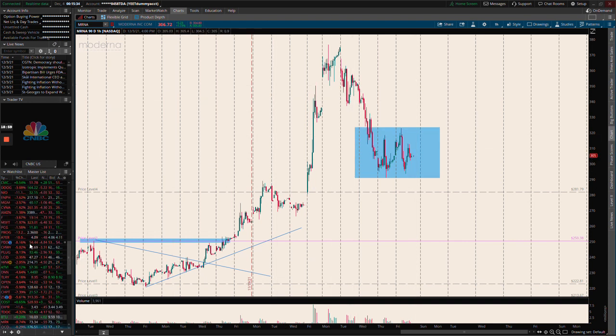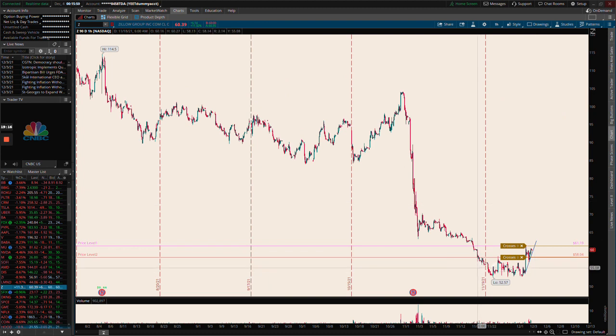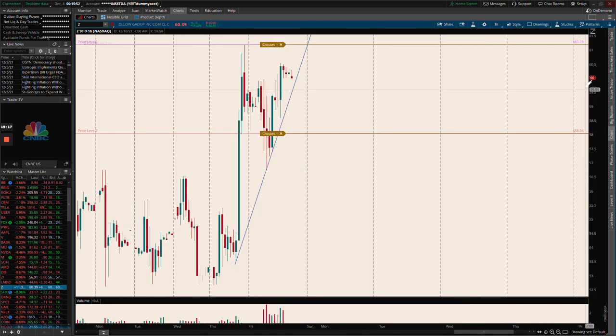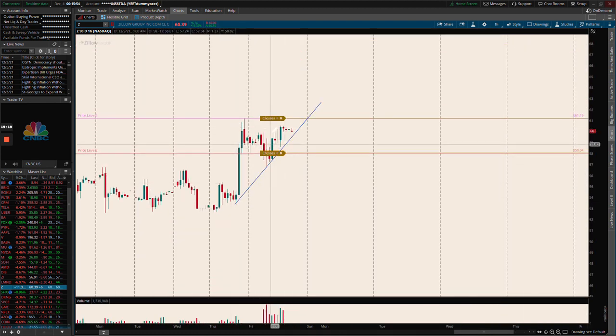Or I might say, let's find something that's ready really quick. I might say, of course, now I can't find one. Of course, I'm talking all that shit. I might say, okay, let's look at Zillow. Look at that. Zillow's flagging, and if it hits 61.19, it's ready.